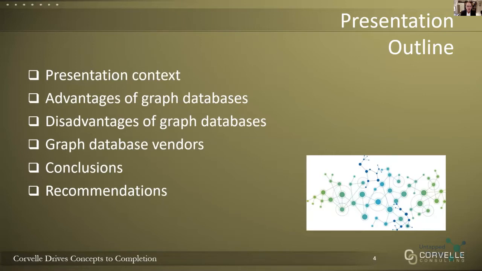We'll spend some time then on the different graph database vendors, so you'll have a sense of what they're all about, and we'll wrap up with some conclusions and recommendations. The overall goal of the presentation is to enhance our understanding of graph databases, and I'm hoping I can point you to some superior resources that you can explore in the future that will help you build your understanding further. And I hope that will help you prepare to tackle a graph database proof of concept at your organization.